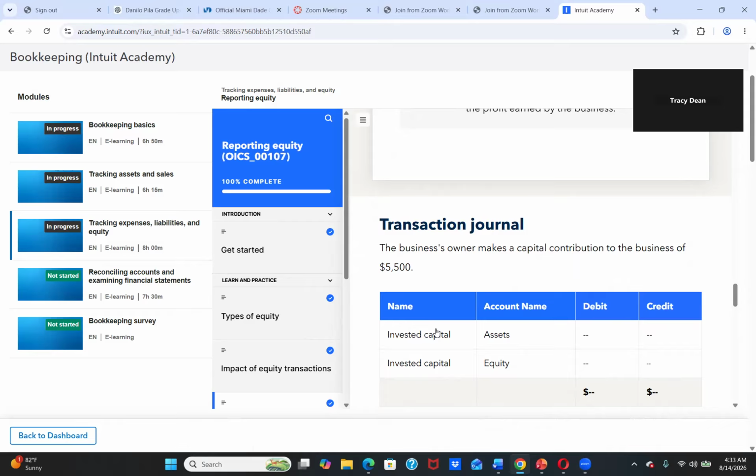So when the assets increase, do you debit or do you credit? Remember from what everyone calls the DEALER. Keep that in your head.